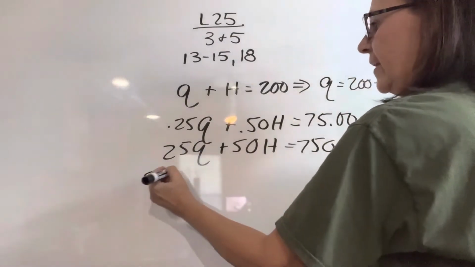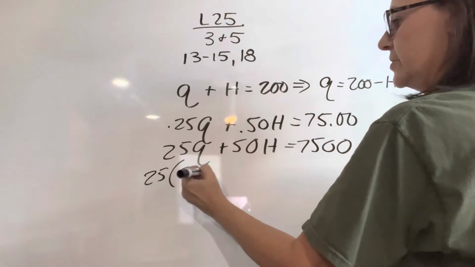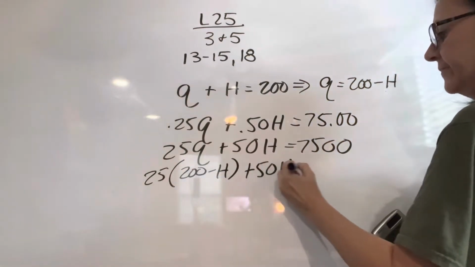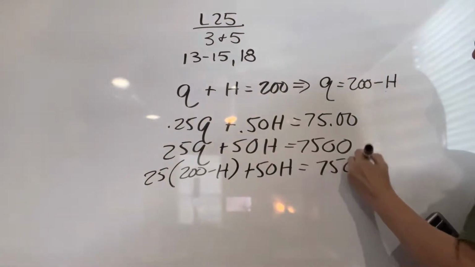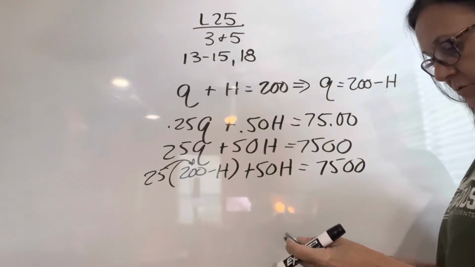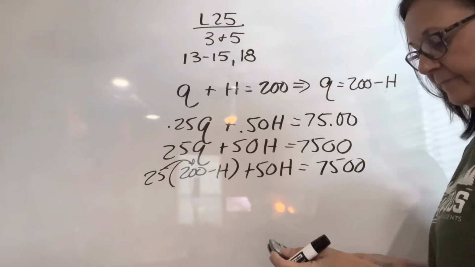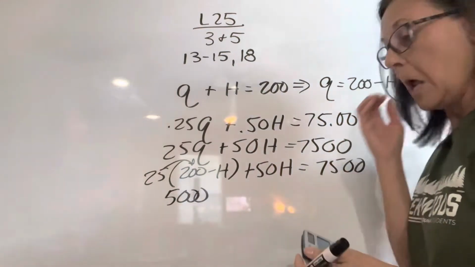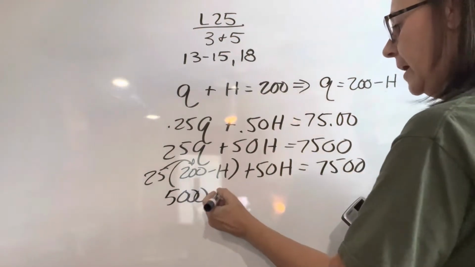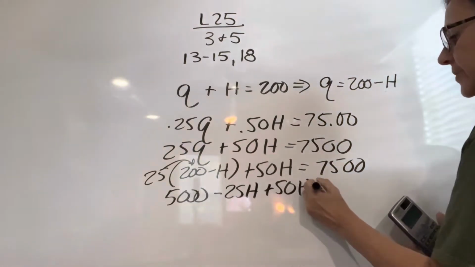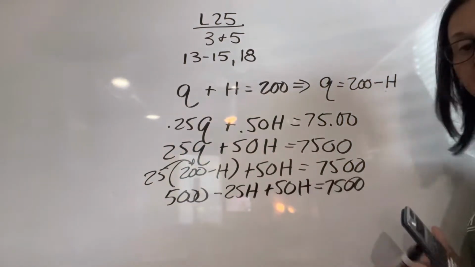So we have 25 times 200 minus the half dollars plus 50 half dollars is 7,500. Distributing the 25, I should have known that was 5,000. 5,000 minus 25H plus 50H is 7,500.